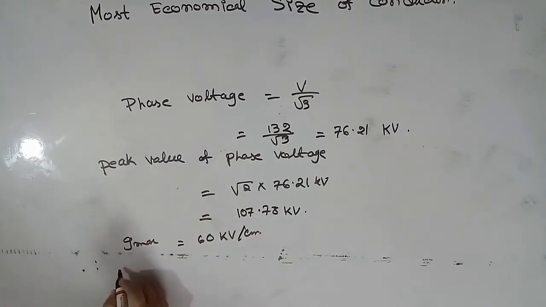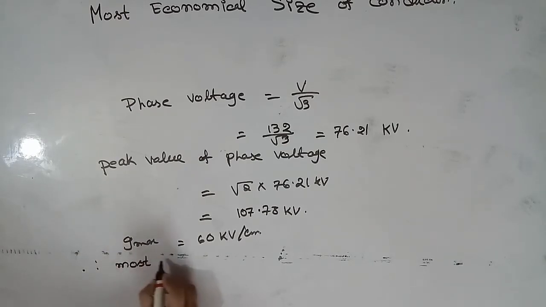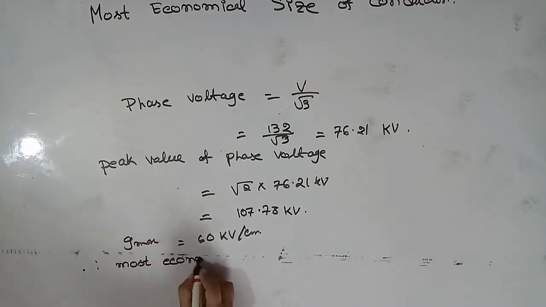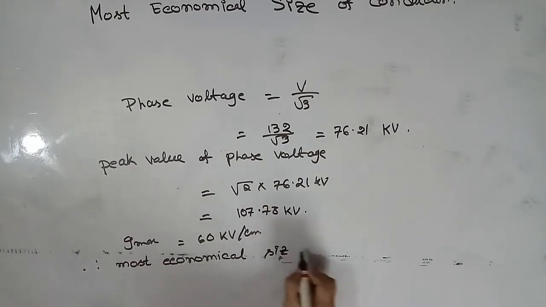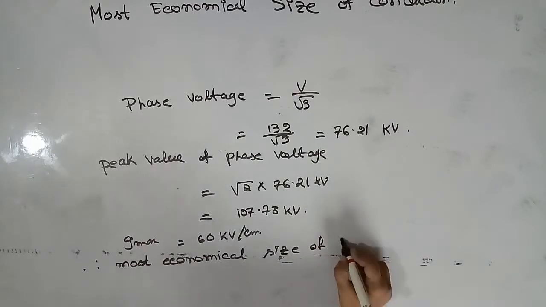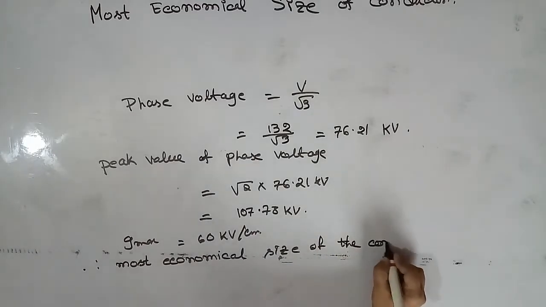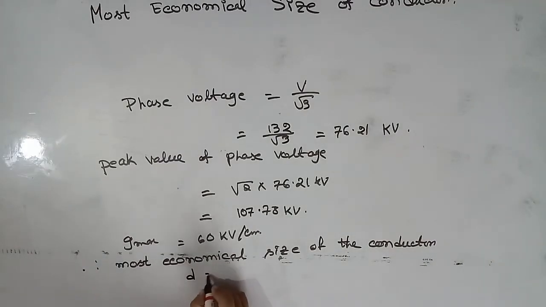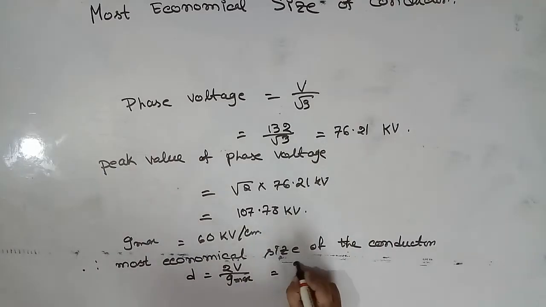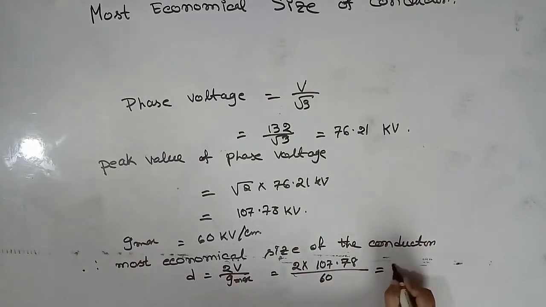So most economical size of the conductor is 2V by G max, 2 into 107.78 by 60, that is 3.6 centimeter.